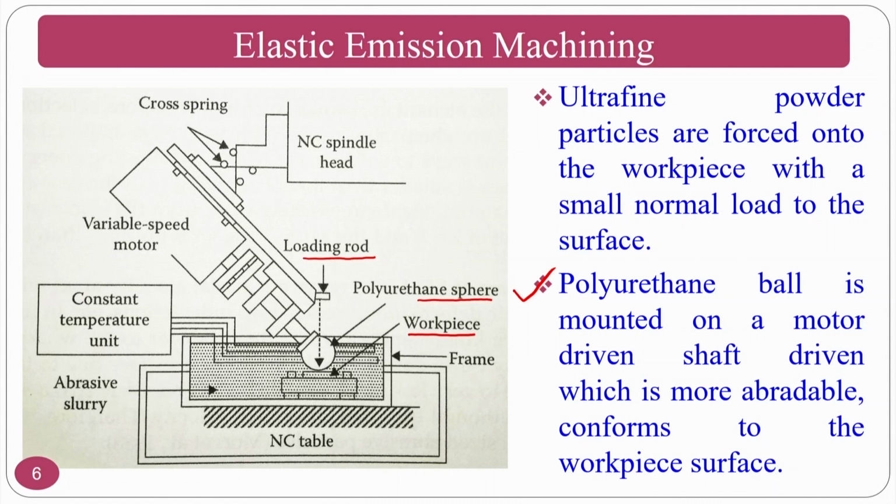You have an NC spindle head, so that you can control the cross spinning, at the same time a variable speed motor. It will give you the speeds at which your spherical ball has to rotate, and you should maintain a constant temperature unit, because you are going to finish optical lenses. Lenses are normally brittle materials. If you do not maintain the temperature, or if a temperature difference is there, then there will be a problem of brittle fracture.